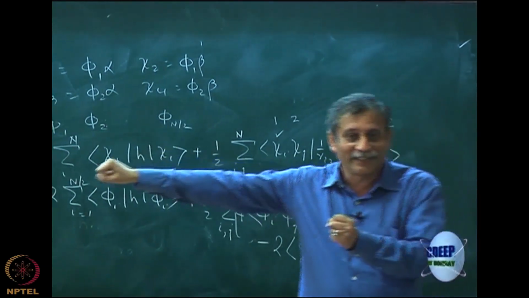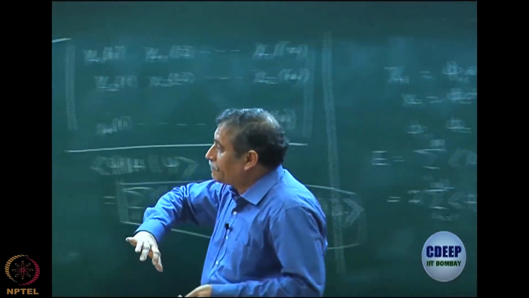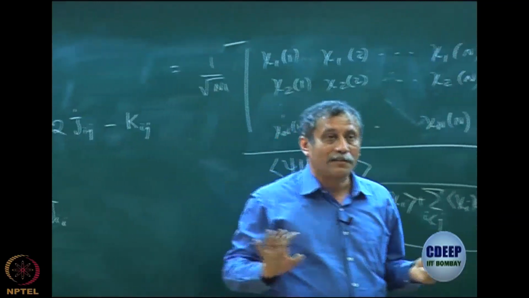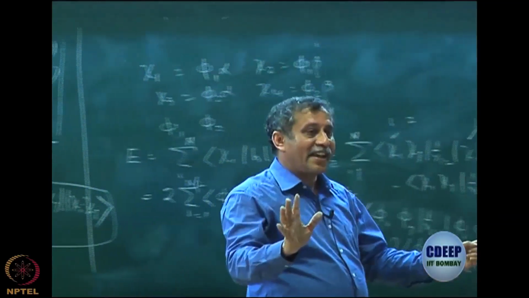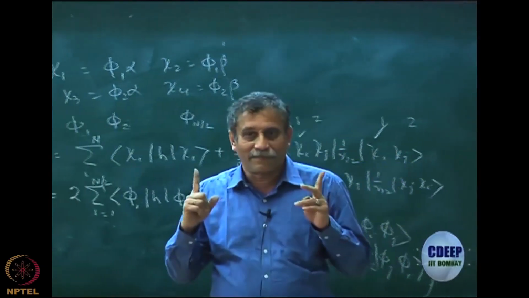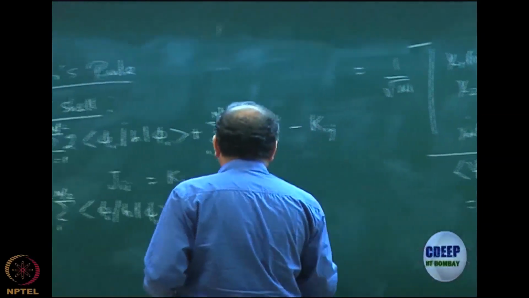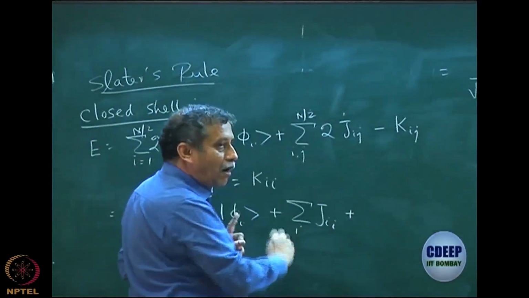That is clear. Because now my information of the spin is gone. I am just saying Jii, but it is clear that they are opposite spins. Then i equal to j is gone.